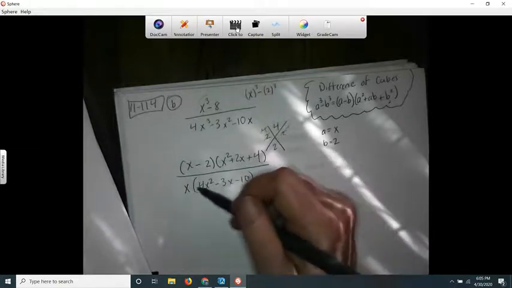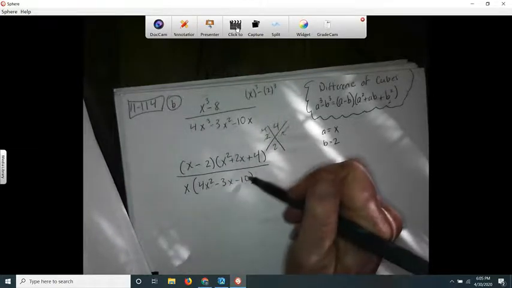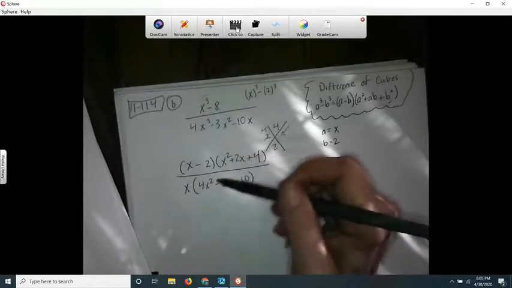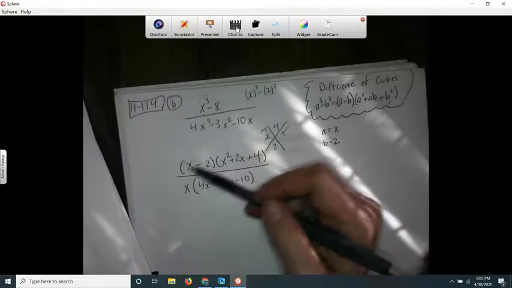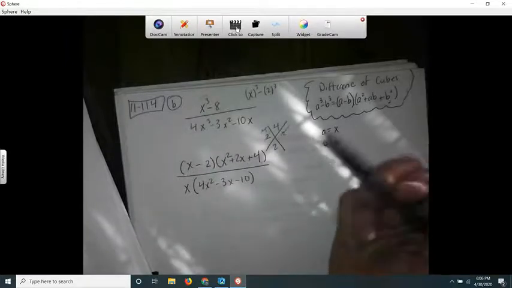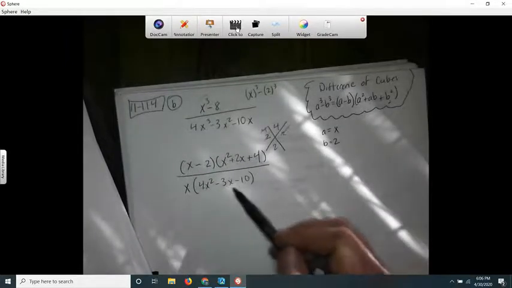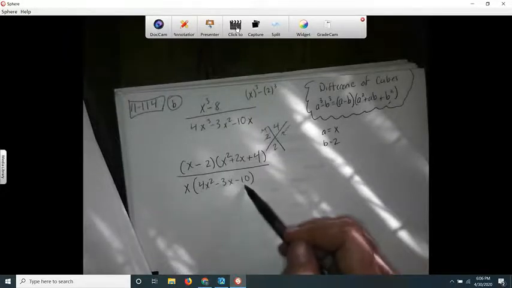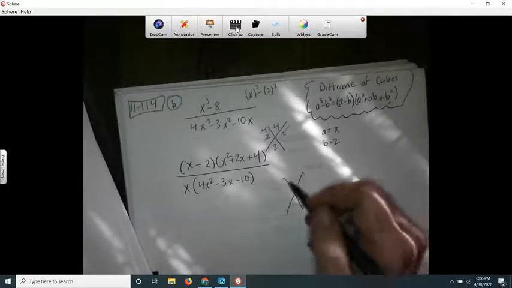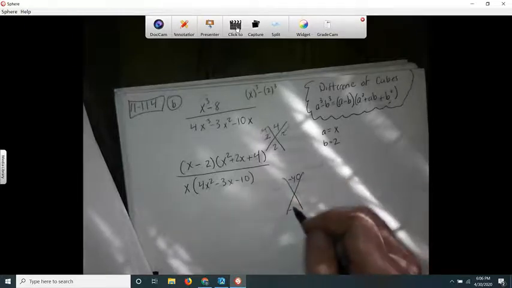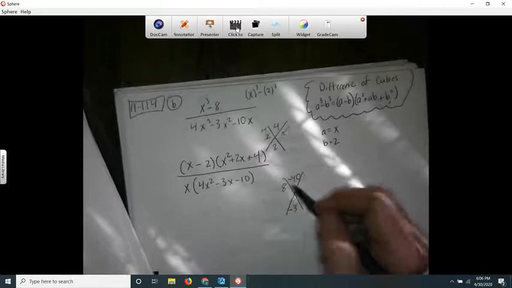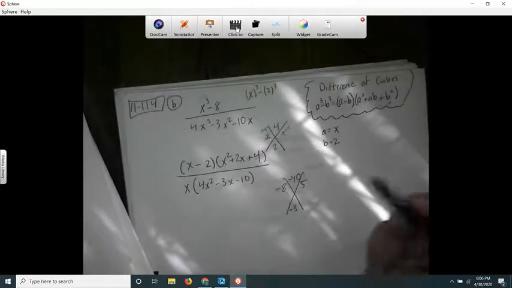Let's at least try to factor this down here, and maybe this one will factor, and we'll be able to cancel out the x minus 2 if we're lucky. So let's see what happens when we try to factor this. I'm going to have 4 times negative 10, that's what it has to multiply to, and then negative 3 is what it has to add to. I know 8 times 5 is 40, so I think that works.